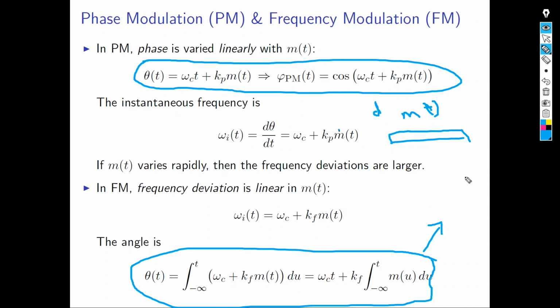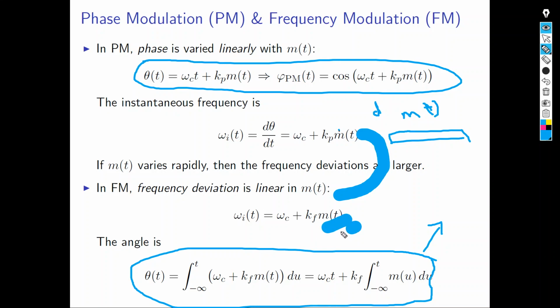Now, this is the basic concept of frequency modulation and phase modulation and the relationship between them. It's like this, no more, no less. The most important four equations are presented here, and this is the relationship between the frequency for the phase modulation and the frequency for the frequency modulation.